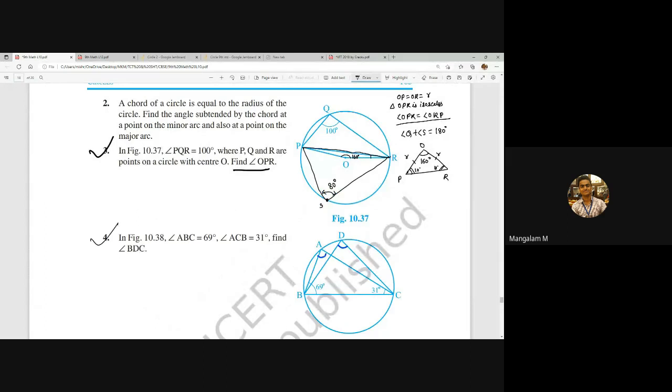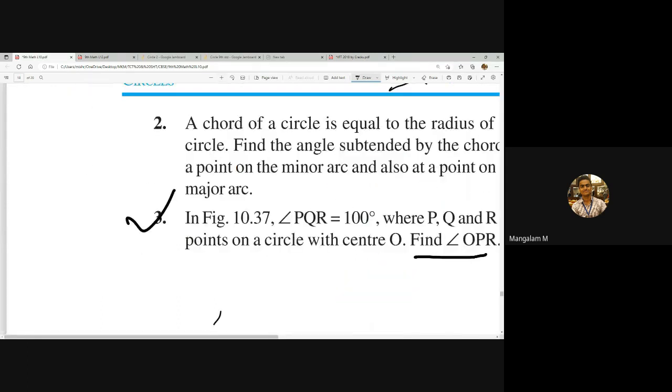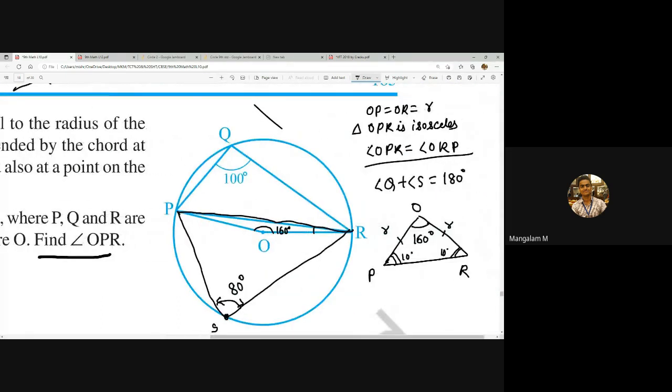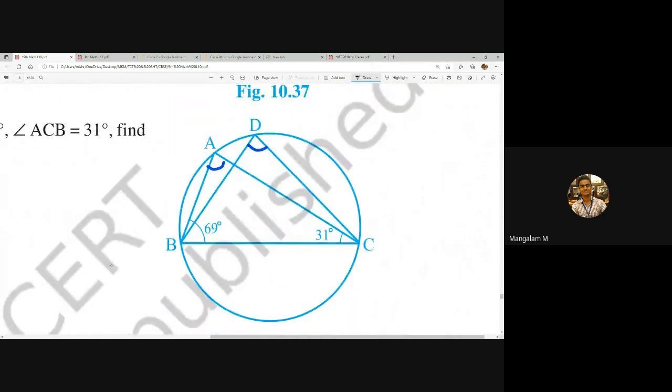Question number 4. In figure 10.38, ABC is 69, ACB is 31. Find BDC. BDC आपको फाइंड करनी है. So this angle is 69 degrees.